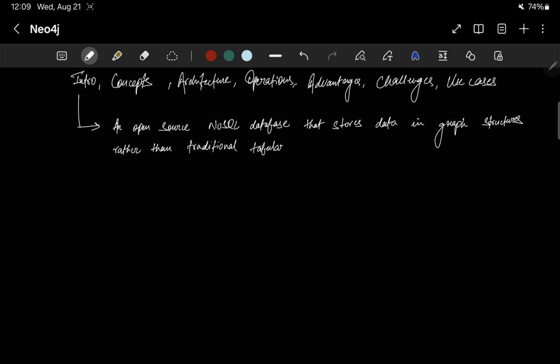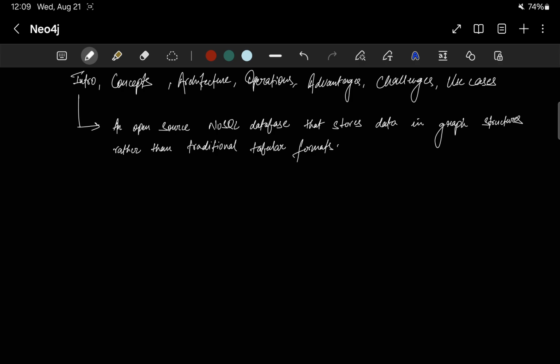Unlike relational databases, which use traditional tabular formats with tables to define relationships, Neo4j uses nodes, relationships, and properties, and thus provides a natural and efficient way to model connected data.